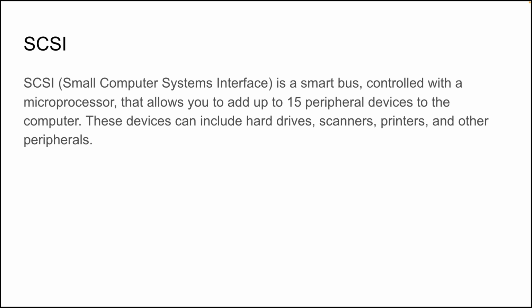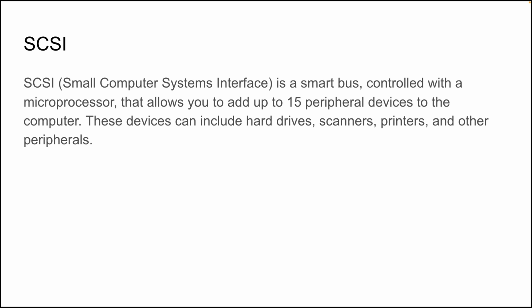SCSI, a small computer system interface, is a smart bus. Remember, when you say bus, think highway. It's basically a way that you transfer data, like a highway for transferring data. It's a smart bus controlled with a microprocessor that allows you to add up to 15 peripheral devices to the computer.